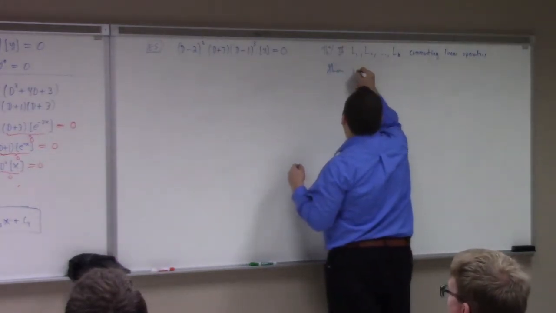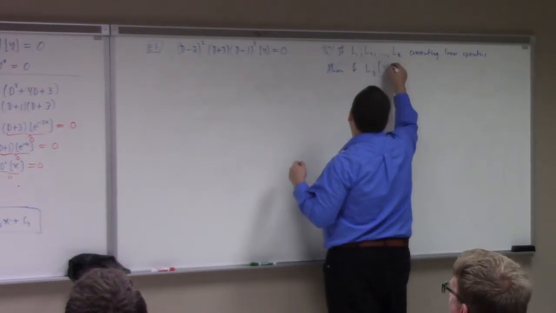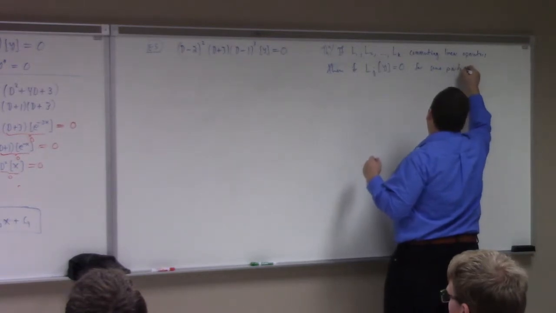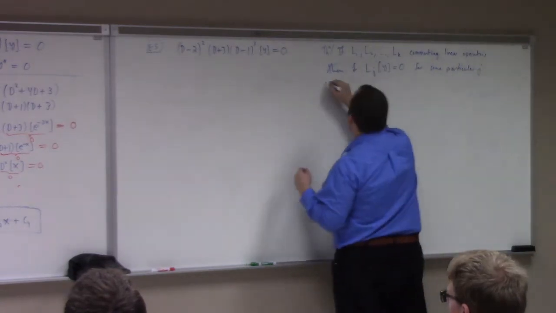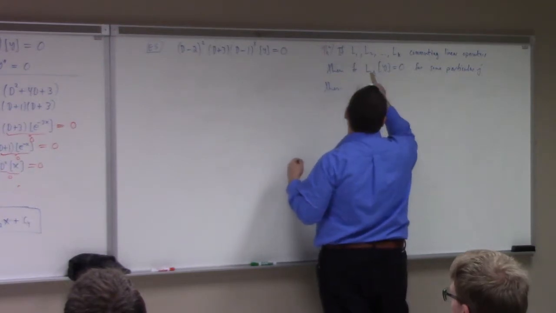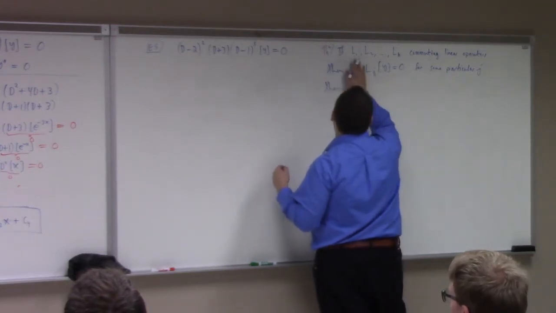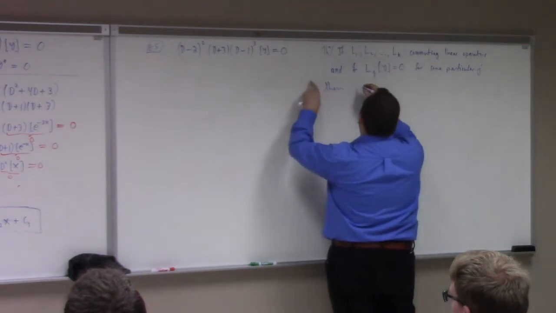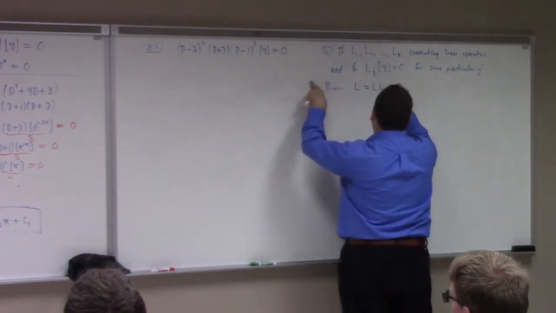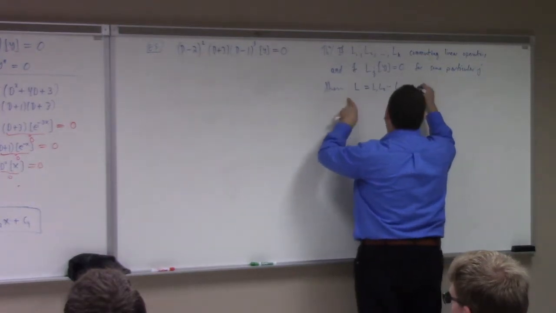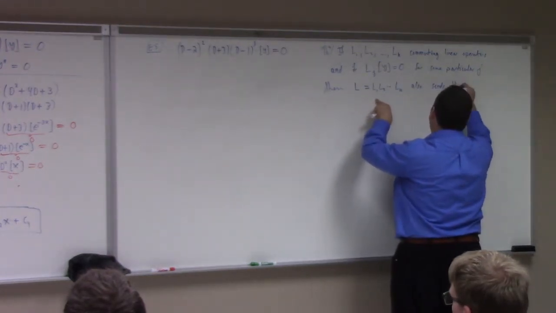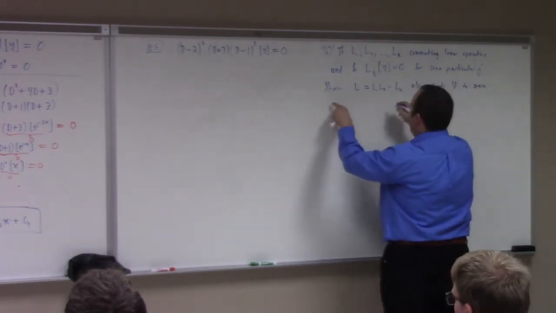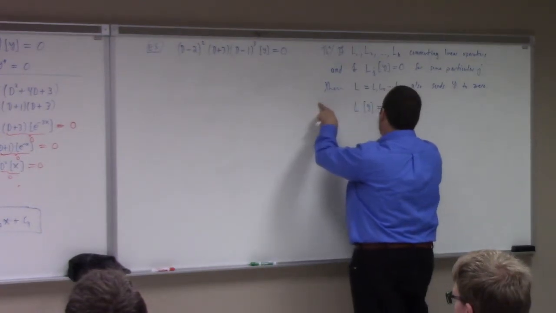Then if L sub j of y is equal to 0 for some particular j, and if that, then L, which is equal to L1, L2, Lk, also sends y to 0. In other words, L of y is equal to 0.